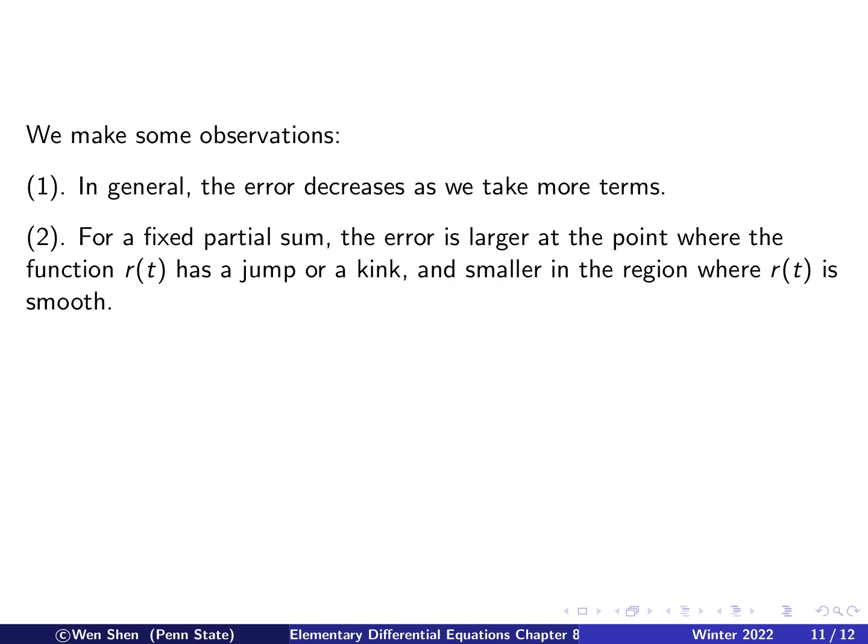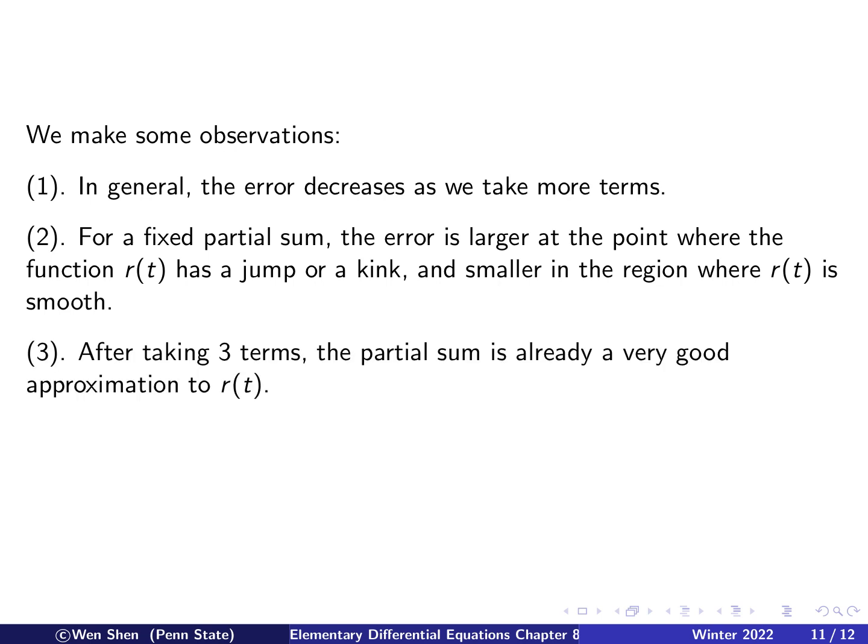In the earlier example we would go back to the function that is discontinuous, and that's the observation we made over there. For the example we just had, we have a kink. And then the error is smaller in the region where r is smooth or a straight line.